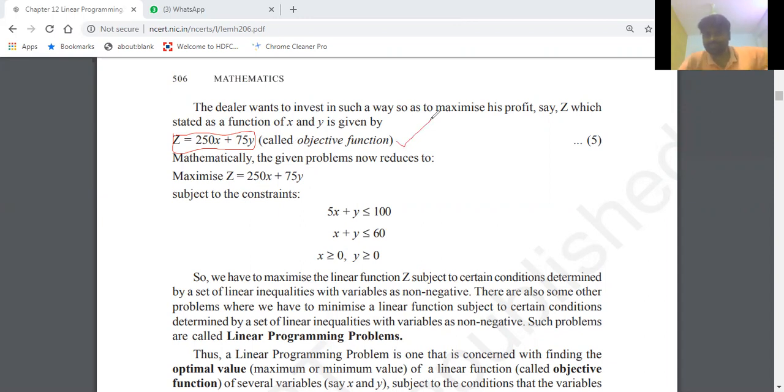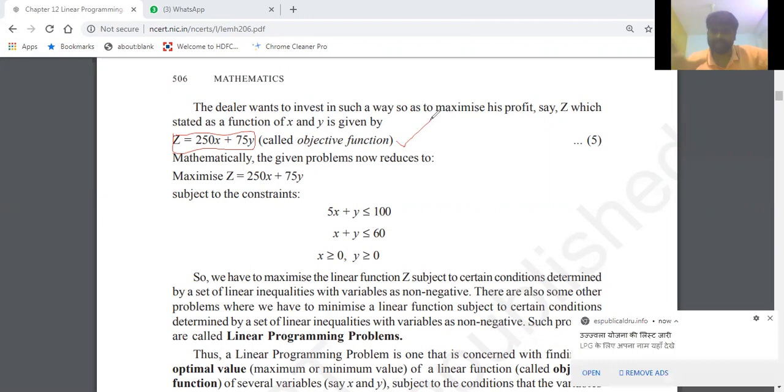Generally, profit should be maximum. What is profit? You tell me. Per table, profit how much? 250. Correct? Per table, profit 250. How many tables has he purchased? X. So 250x is the profit on tables.